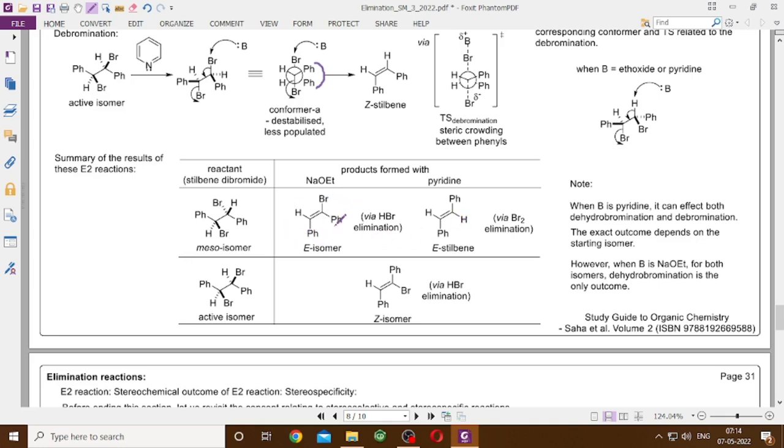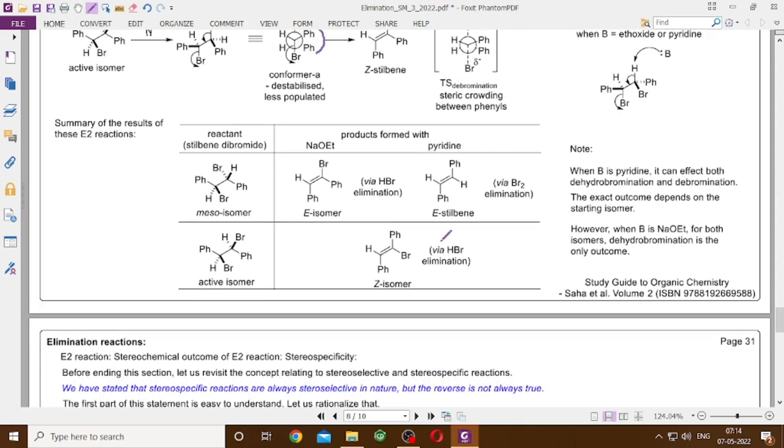It will take place dehydrobromination, then that will be a slow dehydrobromination. But for pyridine or iodide or zinc, it has the opportunity of debromination, and it will undergo the debromination, leading to the formation of the E-alkene. So this is a segment from where all sets of questions are being set.